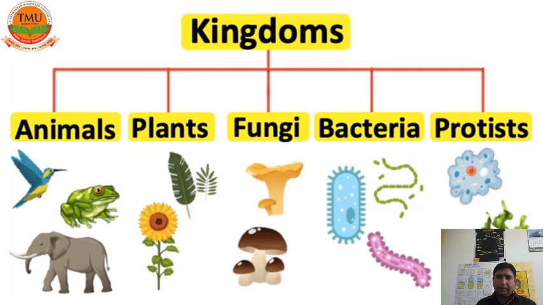Therefore, at present, all living beings are distributed in 5 kingdoms. It is the most popular division of current time: animals, plants, fungi, bacteria and protists. Let us talk about them one by one.